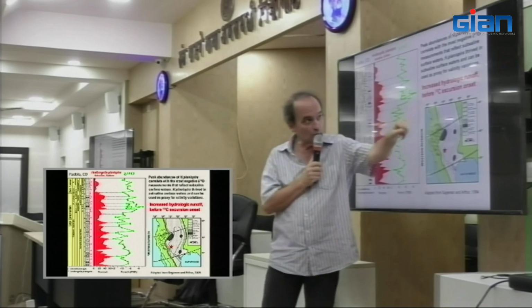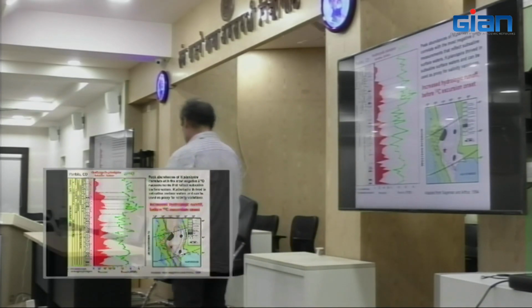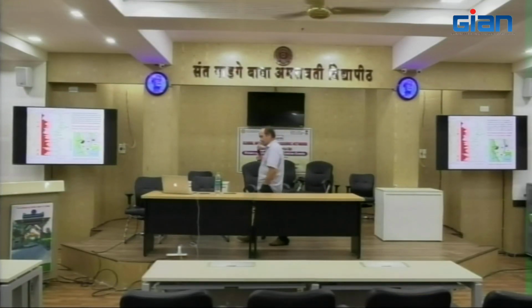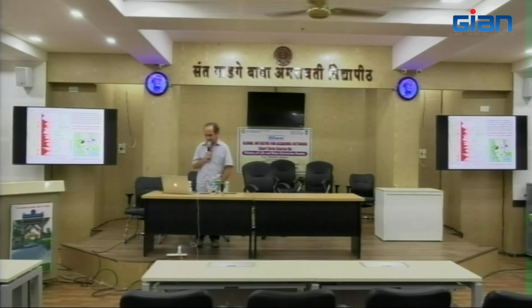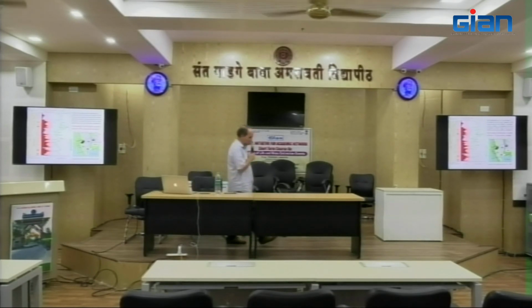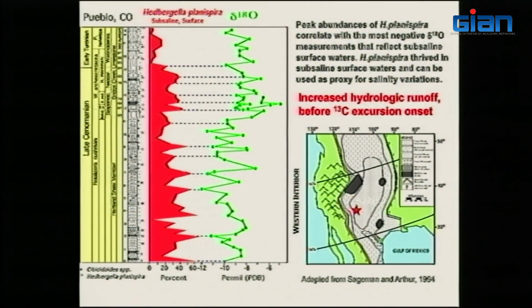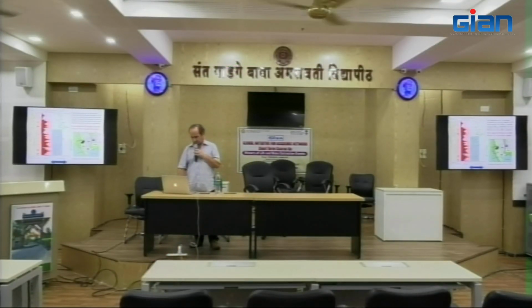Before, you have an increased hydrological runoff at the onset and before the excursion. It's a key point, because it means that here you have proof that the greenhouse conditions increased, probably due to volcanic activity, before the onset and the deposition of the black shale. So this was quite interesting to have a look at in that section.